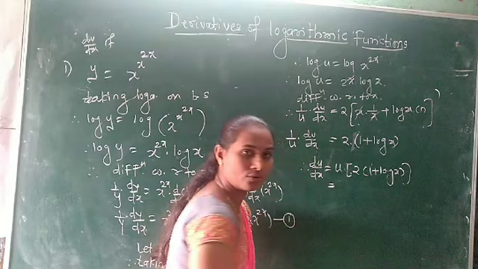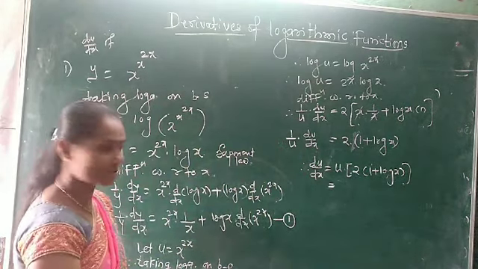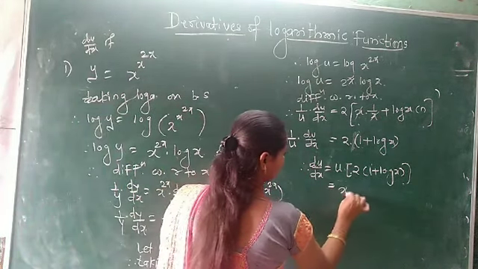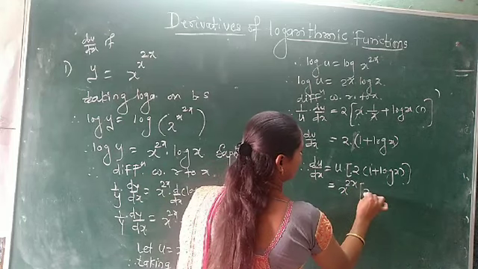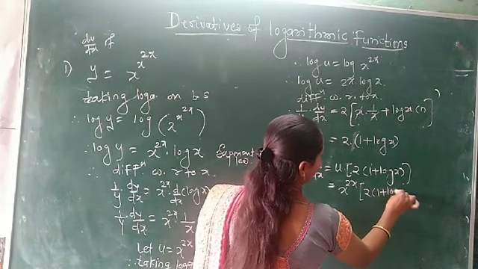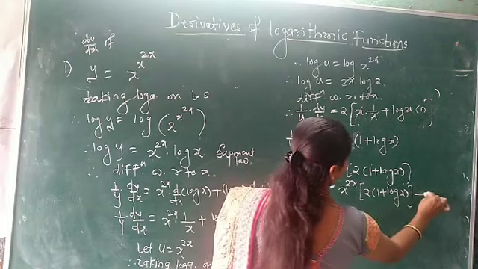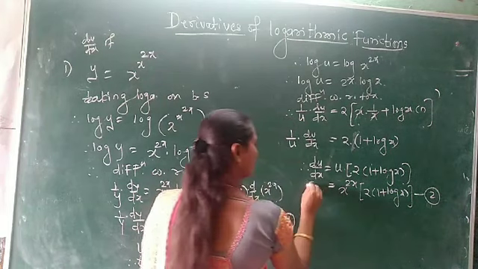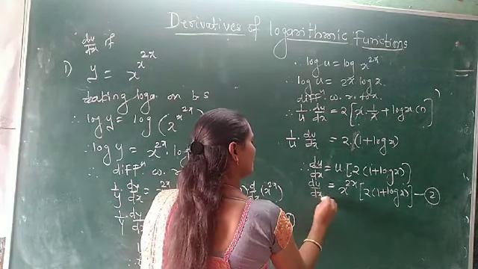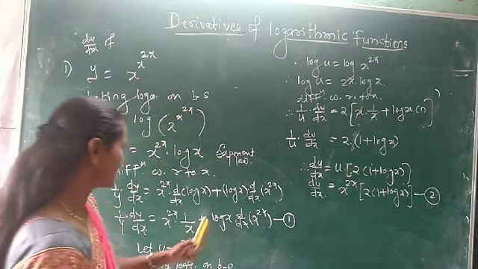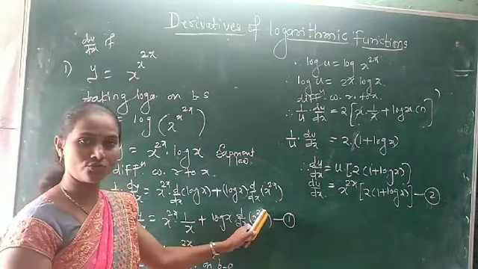But what is u? That is x raised to 2x, in bracket 2 into 1 plus log x. Say equation number 2, the value of du upon dx. Du upon dx means the derivative of x raised to 2x.